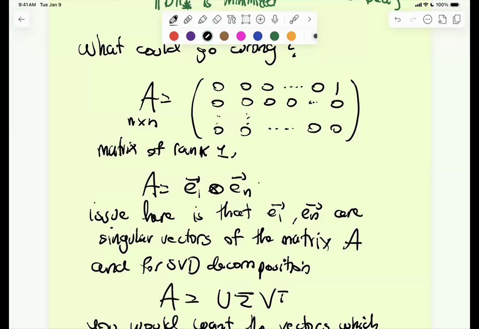So the idea is that you can define an analog of the nuclear norm for tensors, which I'll write down in the PDF so that you can read what the analog is. And then you have an analog of the coherence of a tensor.